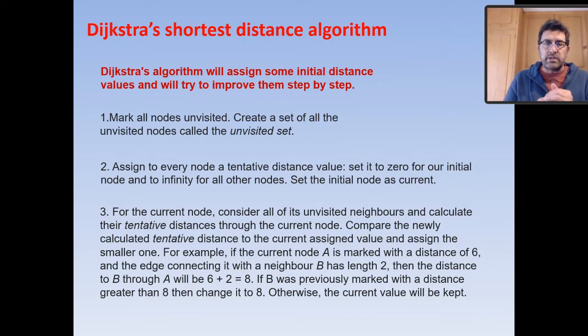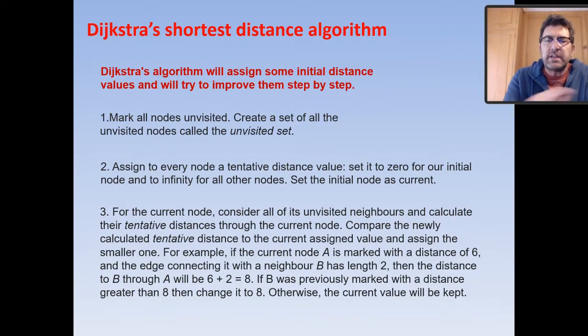For the current node, you consider all the unvisited vertices. So here's my initial node. I consider all the unvisited vertices around the initial node and I look at those weights. I record that weight, this weight, and this weight. The least of the 3 weights I mark off. I mark this node as visited and that node as visited, and then I continue that journey.